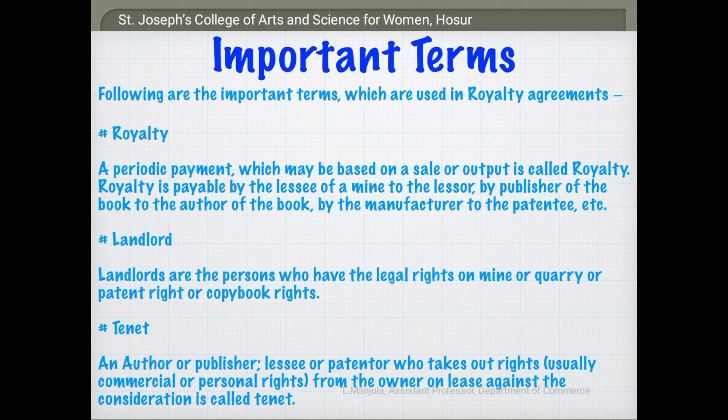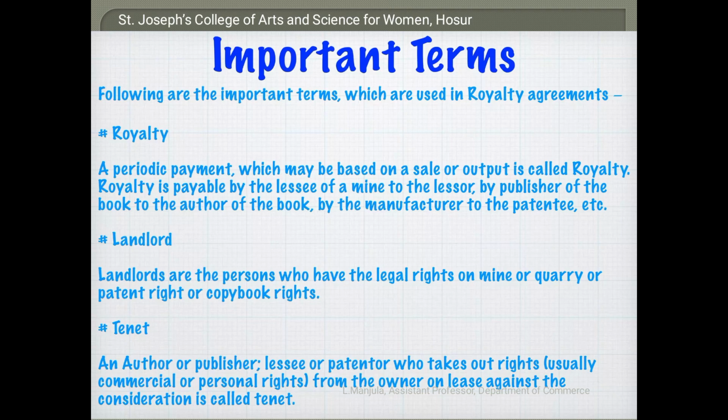Next, important terms. Royalty: a periodic payment which may be based on sale or output is called royalty. Royalty is payable by the lessee of a mine to the leaser, by the publisher of a book to the author of the book, by a manufacturer to the patentee, etc. Landlord: the person who has the legal rights on a mine, quarry, patent right or copyright.